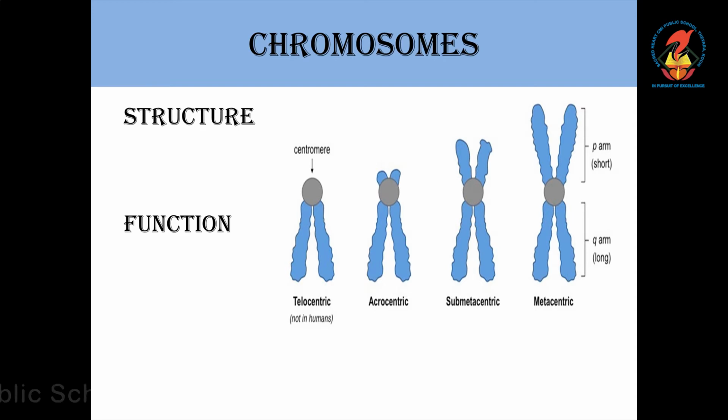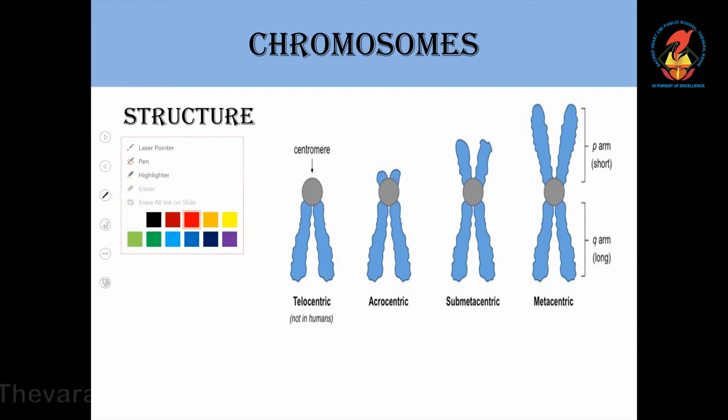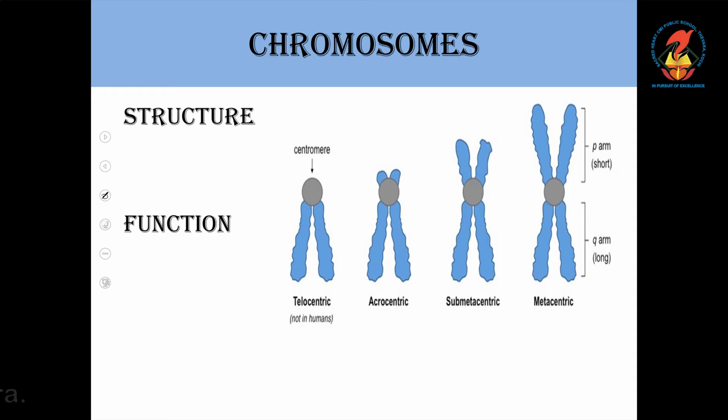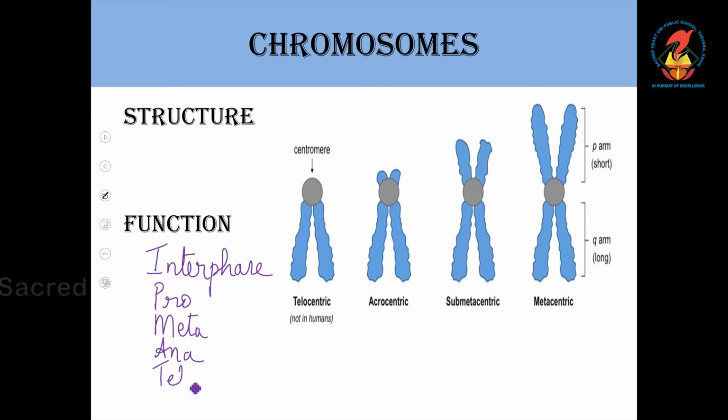Now, chromosomes assume different shapes at different stages of the cell cycle. In the next chapter, we will be learning the different stages of the cell cycle, namely interphase, prophase, metaphase, anaphase and telophase.